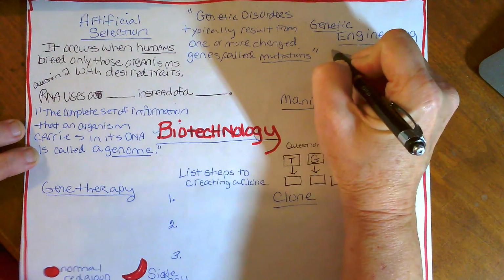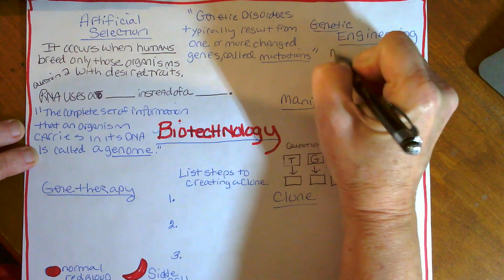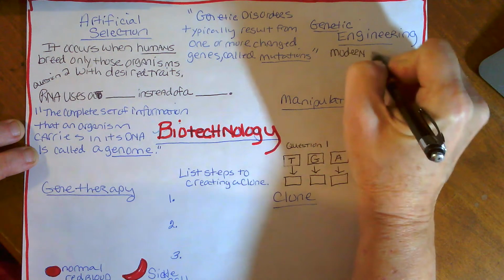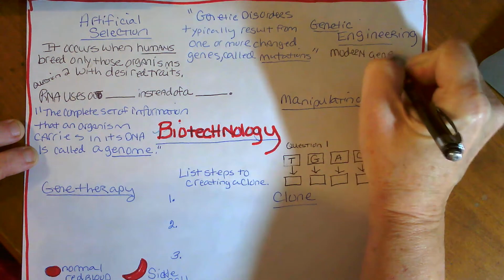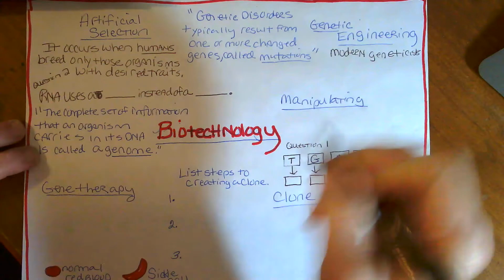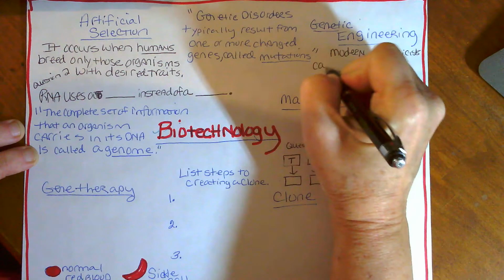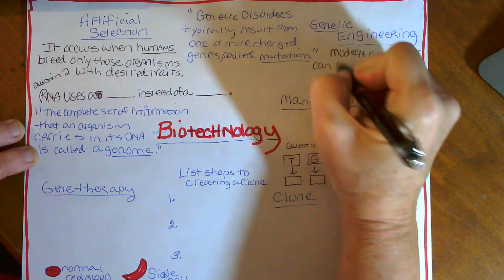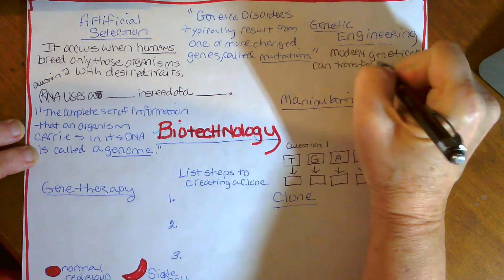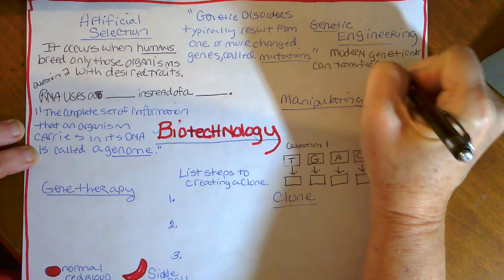So let's write that down. Modern geneticists can transfer. See, they're actually doing something. Can transfer. And I'm going to throw in this word, alter.